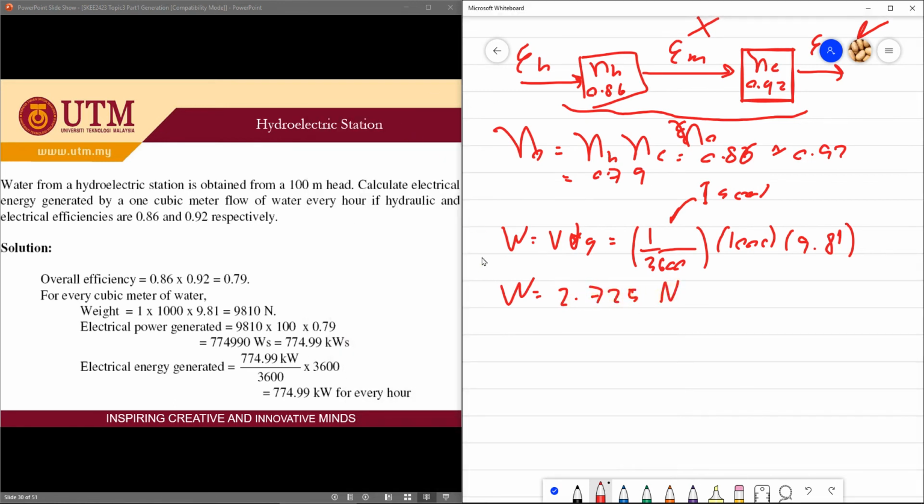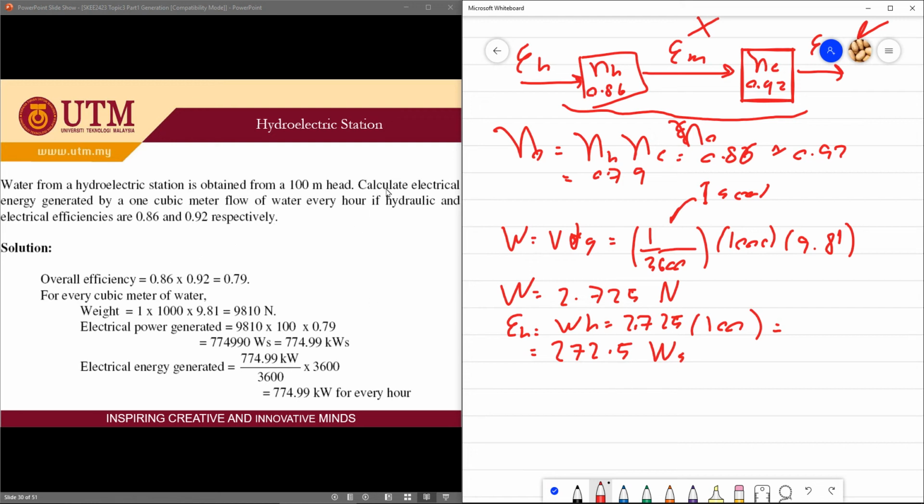And then you have to calculate the hydraulic energy, W multiplied by the head. 2.725 multiplied by the head, which is 100 meter, you get 272.5 watt second. So this is in watt second.